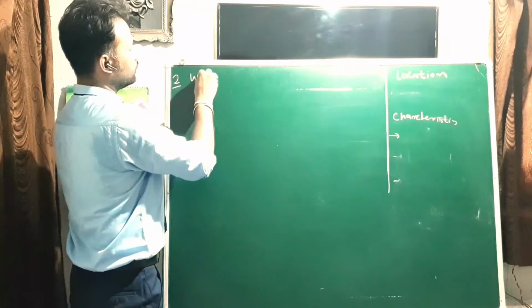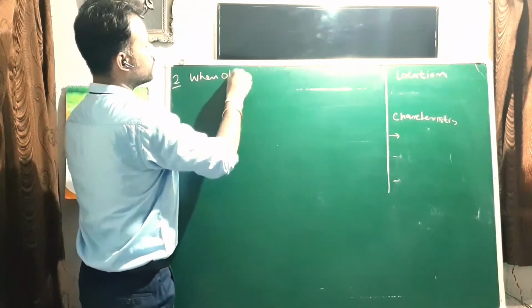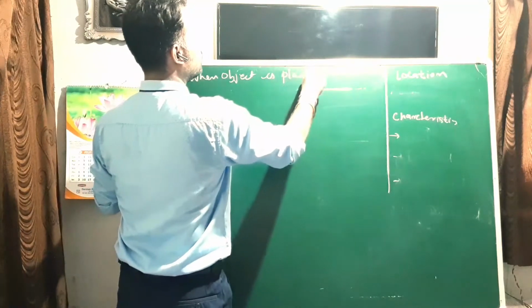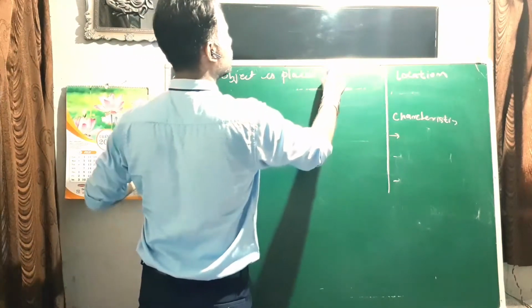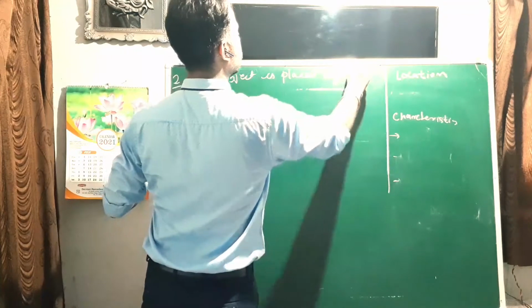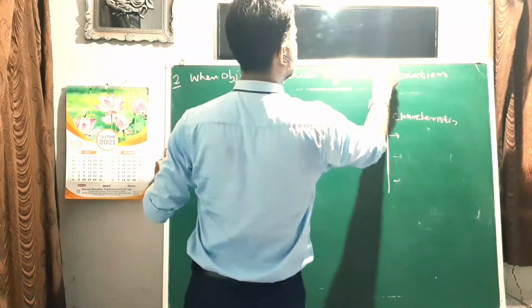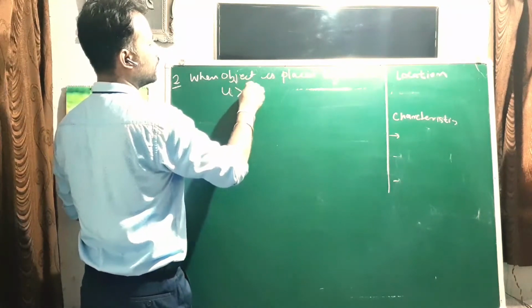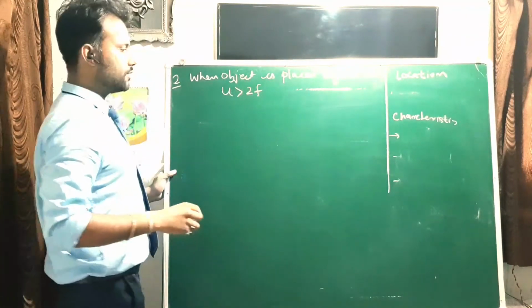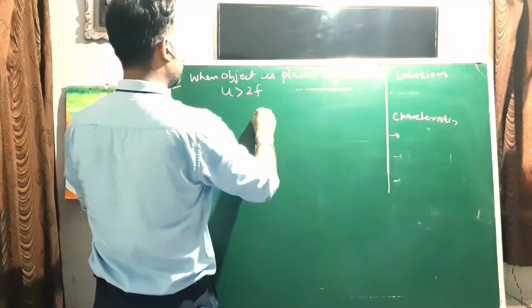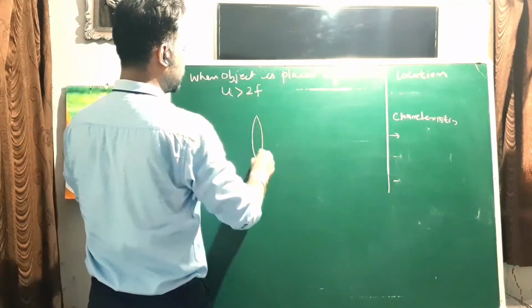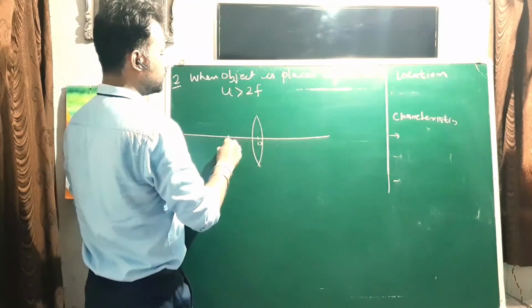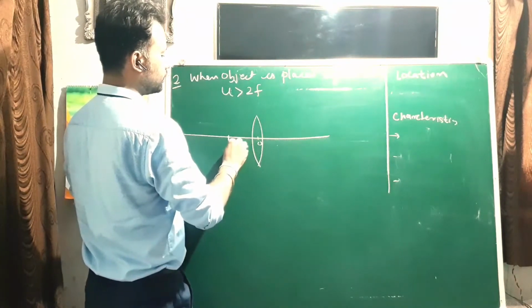Let's discuss the second case. When the object is placed beyond 2f, that means u is greater than 2f. What does it mean? This is the convex lens, this is the optical center, this is f1.